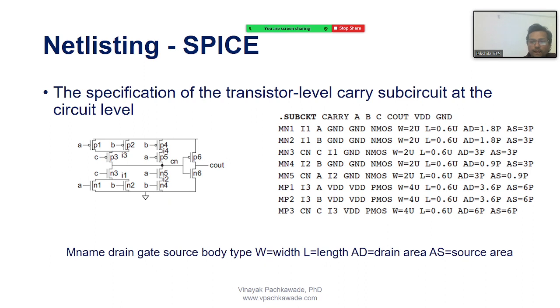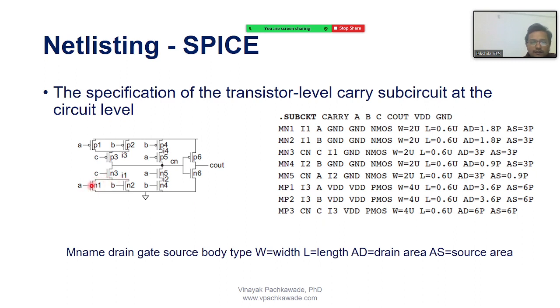Okay. So let me help you to understand the netlist here again. M1 is an NMOS. The drain, gate, source, and body are connected to the nodes I1, A, ground, ground. So it's an NMOS transistor, and the drain is connected to I1.